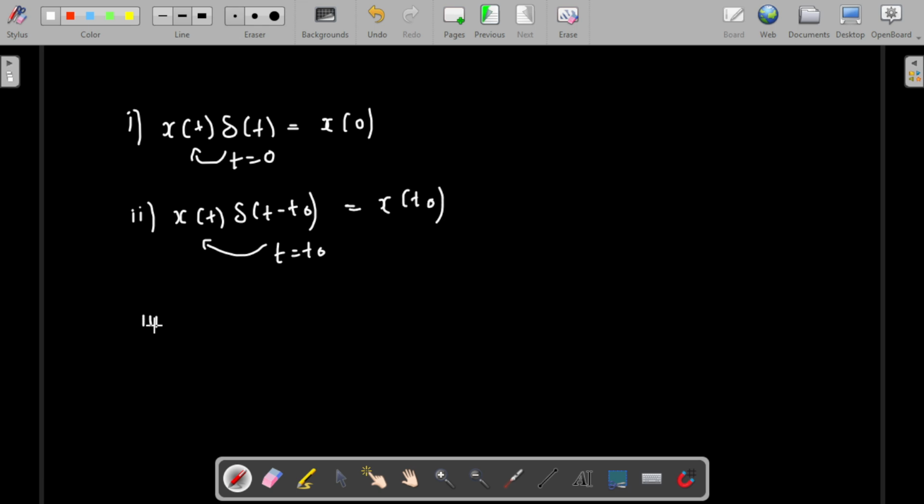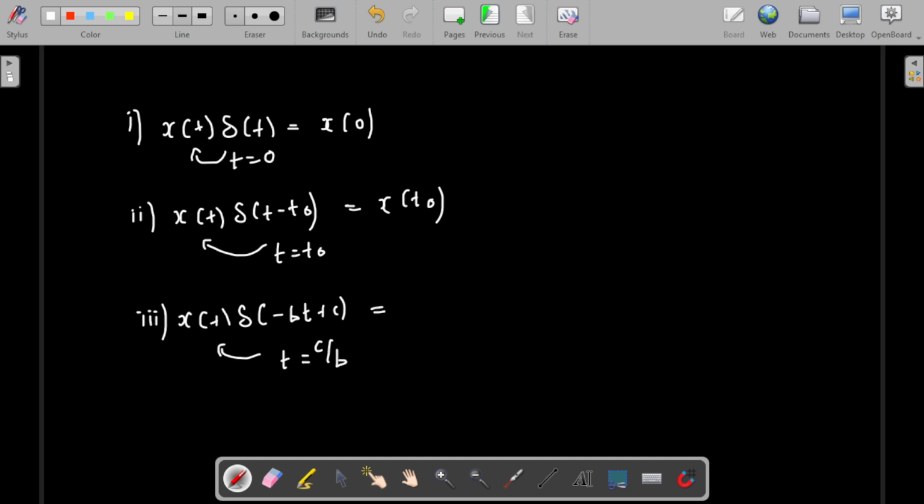I hope you guys are getting my point, right? Now if x of t is multiplied with del of minus bt plus c, what will be the timestamp value? The timestamp value will be c by b, and that gets applied here.